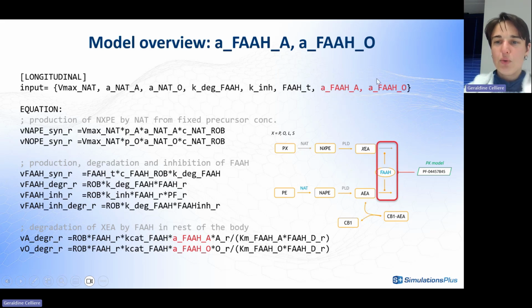And then these two factors allow a different inhibition of FAAH for each of the fatty amides. So among the parameters we would like to estimate, some are common to all fatty amides, and some allow you to have specific values, working more as a factor.